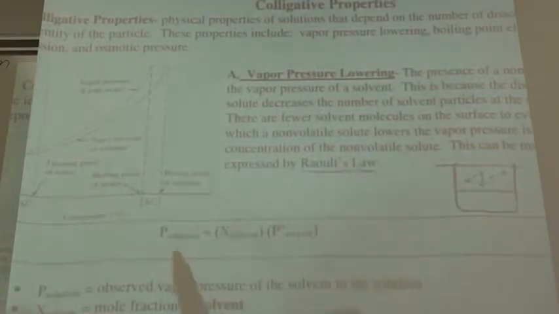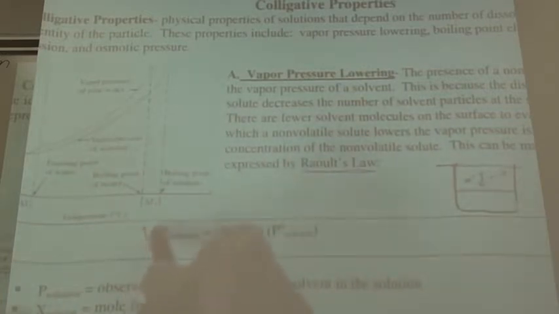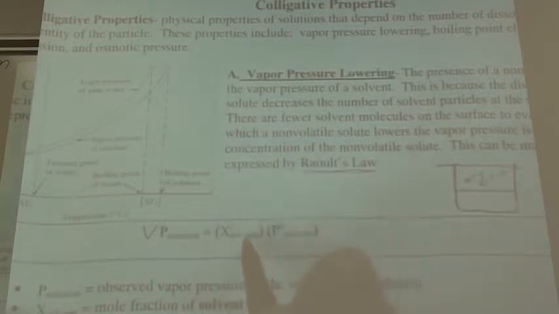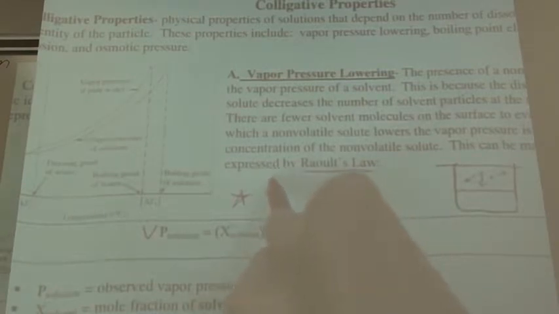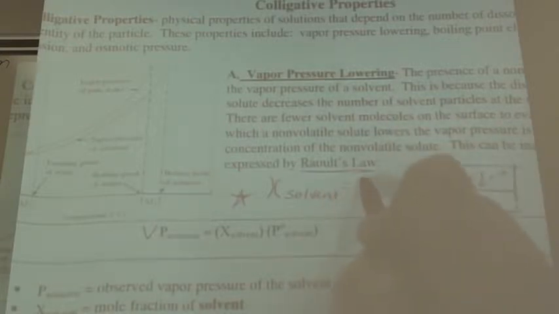Raoult's law states that the vapor pressure of a solution is equal to the mole fraction of the solvent times the vapor pressure of the pure solvent. This is something that you should probably star on your paper, because this is different than what we've talked about so far. The mole fraction of the solvent is equal to the moles of the solvent divided by the moles of the solution.